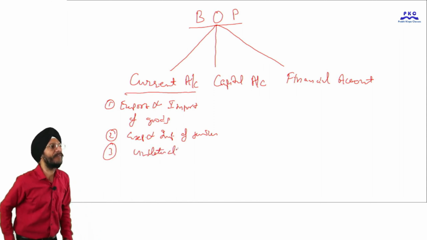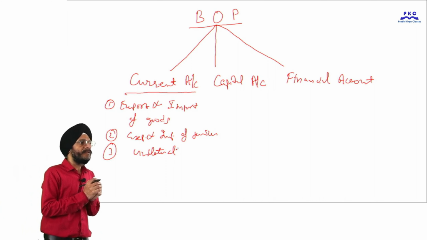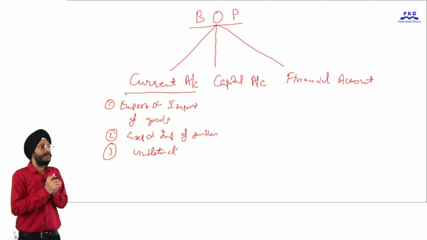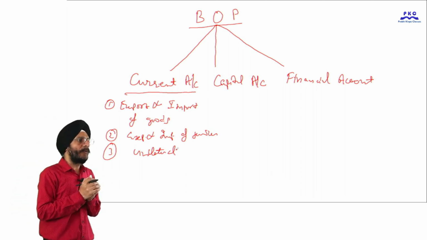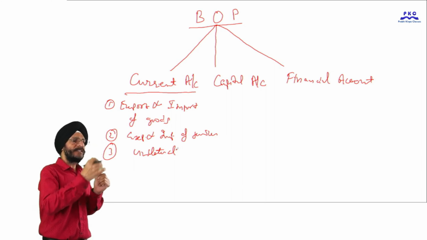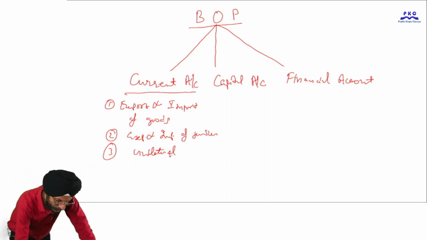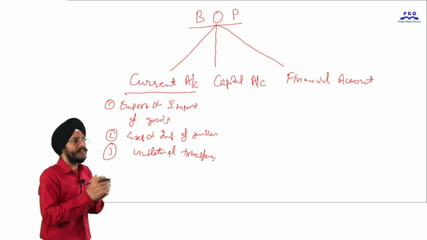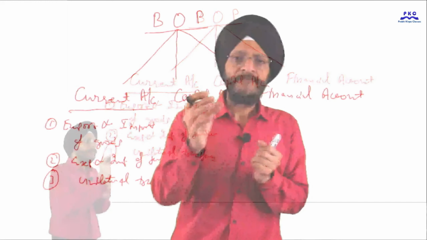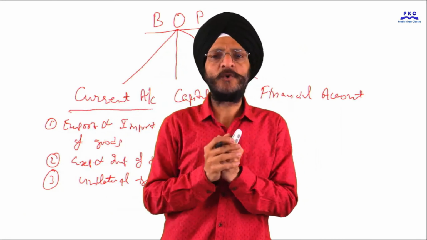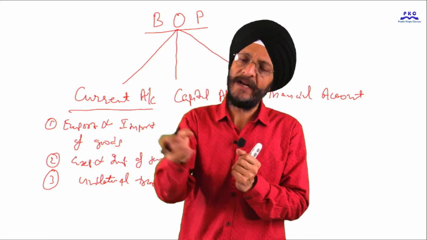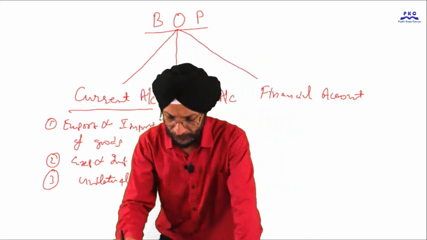Unilateral transfers are one-time transfers. That is, we do not get anything in return. When we give aid to other countries on humanitarian ground, we do not receive anything in return. Then how are unilateral transfers recorded in balance of payment? When we give food or medicines on humanitarian ground, an estimation of the value of food or medicines is made and recorded in the current account of balance of payment.